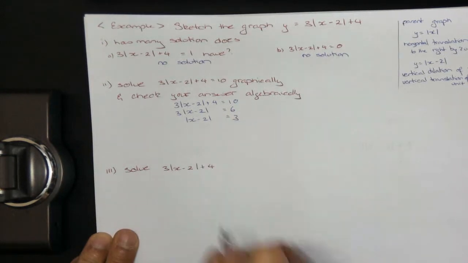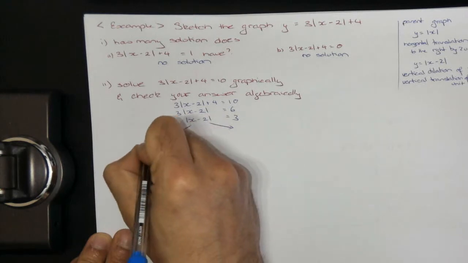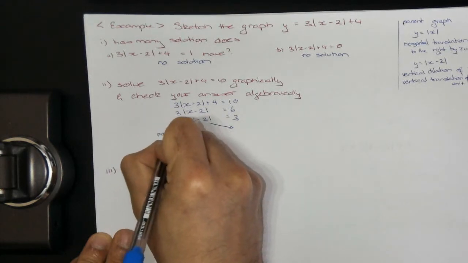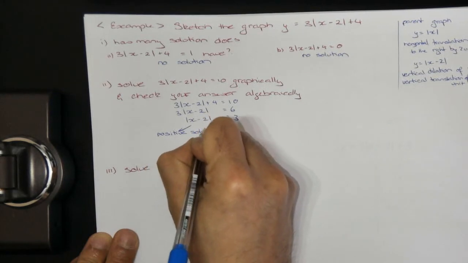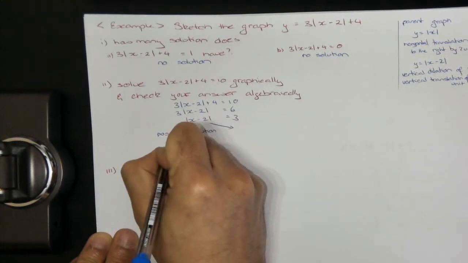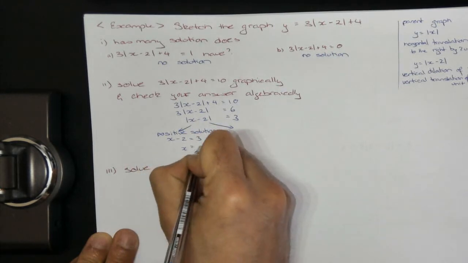What happens here is now I have 2 possible scenarios. I have the positive scenario, so x minus 2 equals 3. Bring that 2 across, that's x equals 5.